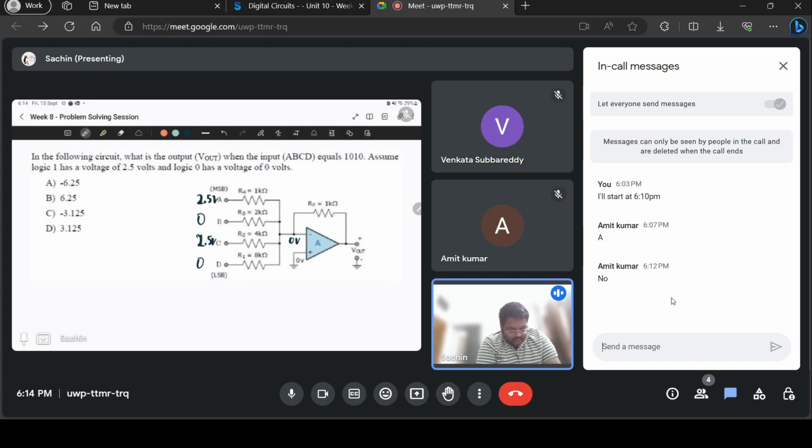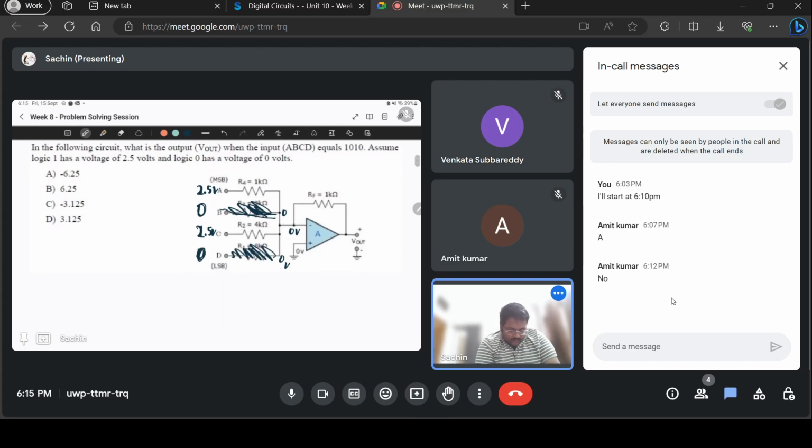These two are connected to 0 volts on both ends. You can see that this is at 0 and this is at 0. So there's no contribution from this resistor. There's no current flowing in that branch, so you can ignore this resistor. Similarly, this is at 0 volts and this side is at 0 volts, so you can ignore this 8k resistor also.